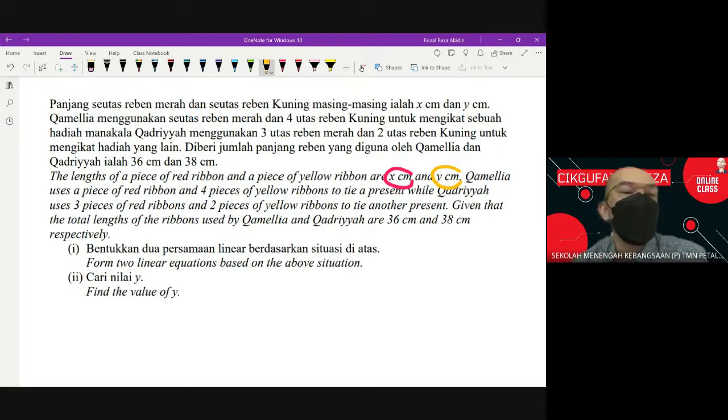Camellia used a piece of red ribbon and 4 pieces of yellow ribbons to tie a present, while Kadria, her sister, used 3 pieces of red ribbons and 2 pieces of yellow. Given that the total lengths of the ribbons used by Camellia and Kadria are 36 centimeter and 38 centimeter respectively. The question here: form 2 linear equations based on the above situation.